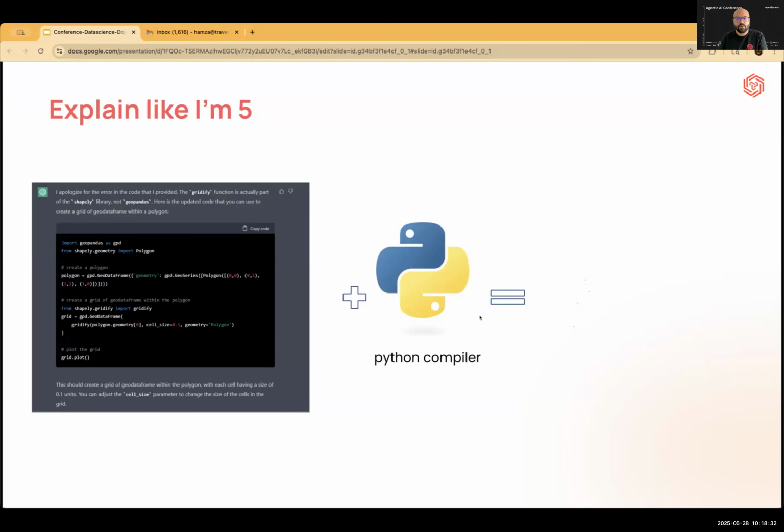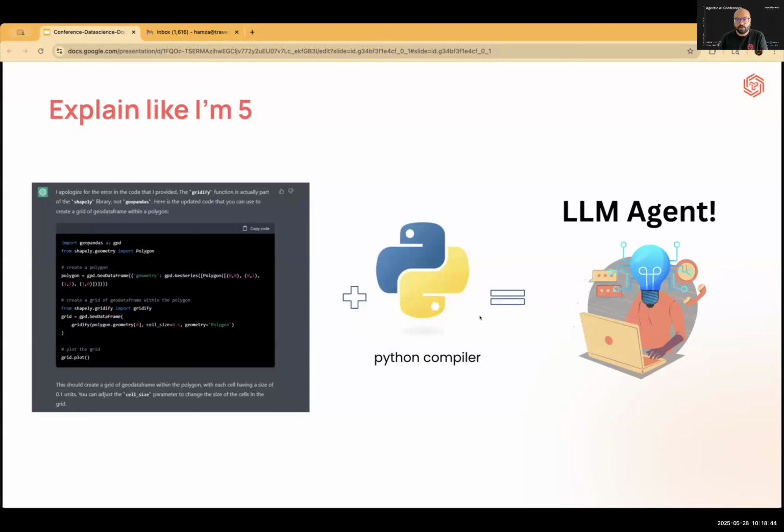So if you were to put all of that together, a prompt that generates a response which is compiled for you in real time automatically, that is what an LLM agent is. In reality, an LLM agent is connected to software, which is a compiler.